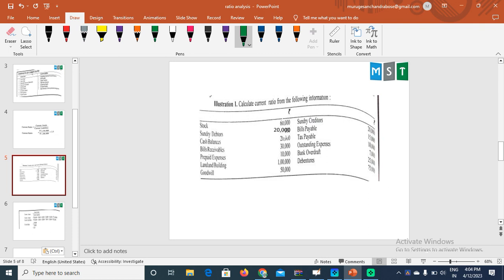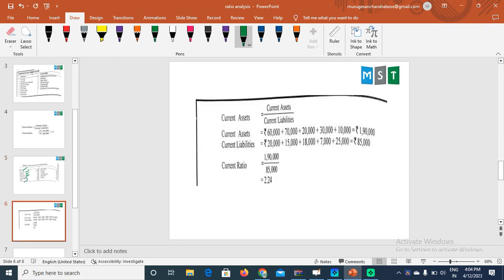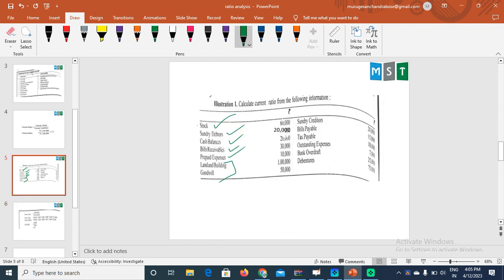Goodwill, 50,000. Of this, first you have to identify which are the current assets: stock, sundry debtors, cash balance, bills receivable, prepaid expenses. Land and building and goodwill will not come under the category of current assets.